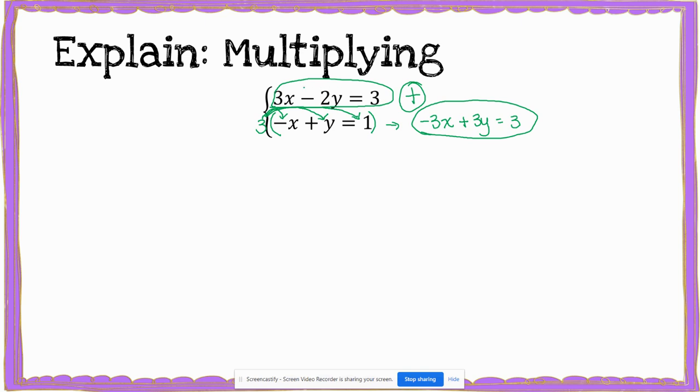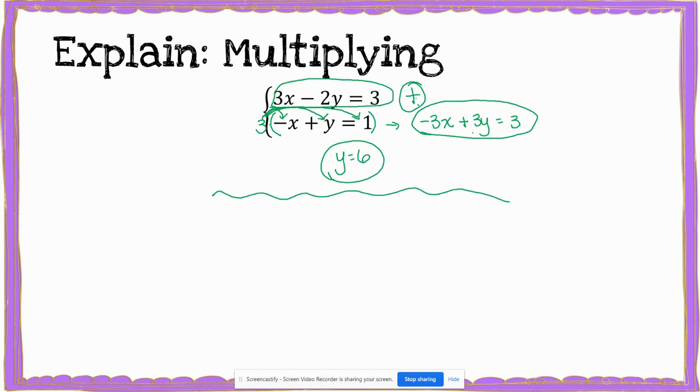Then we have to be careful because this is not 2y, but it's actually negative 2y. When we add negative 2y plus positive 3y, we get positive 1y, which is just y. Then we have 3 plus 3, which gives us 6. Well, that tells us that our y value is 6.